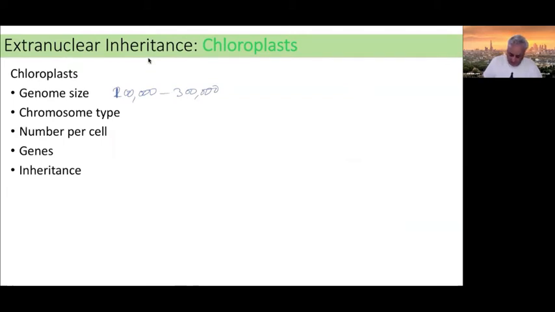So the range is quite large, and these are many times bigger than the genomes contained within mitochondria. So the type of chromosome they have is circular because of the endosymbiosis hypothesis. The number per cell, again, depends on how many there are inside each chloroplast and how many chloroplasts there are per cell. But that number can be hundreds, and in some cases, thousands.